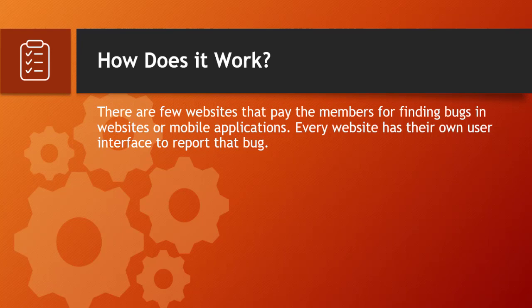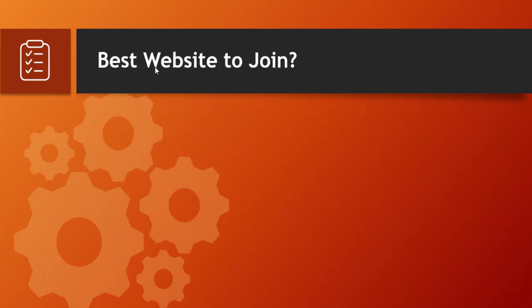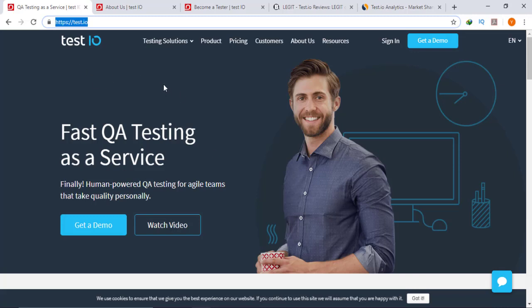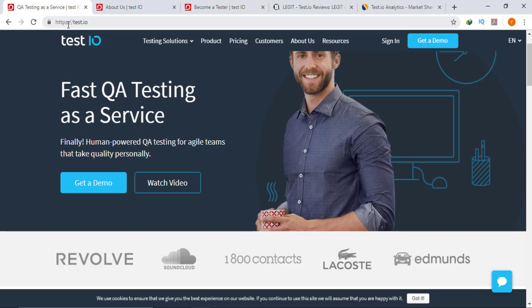So let's move to our next slide, best website to join. I know there are different websites out there, but the website I am going to show you is the most legit one out there. The website name is test.io, as you are seeing, www.test.io.